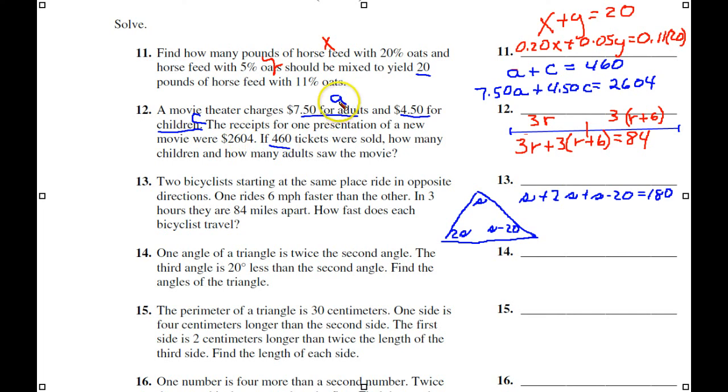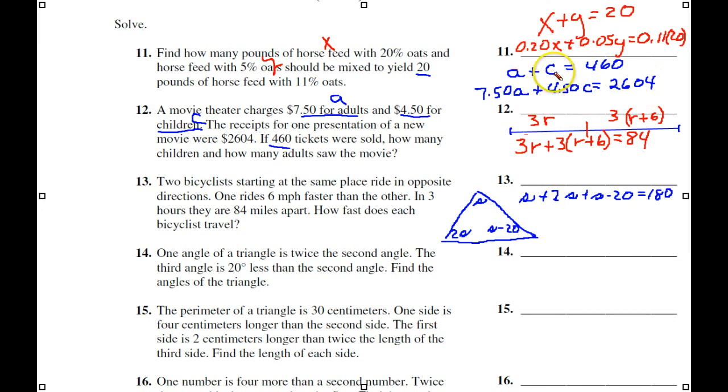So we know the number of adult and children tickets was this. So that's my first equation: A plus C equals this. Now here we have the adult tickets cost this, children's tickets cost this, and this is the total revenue.